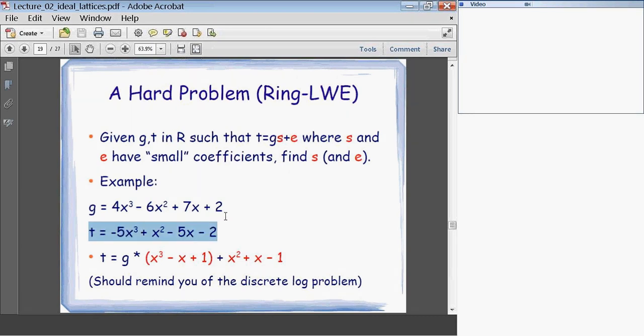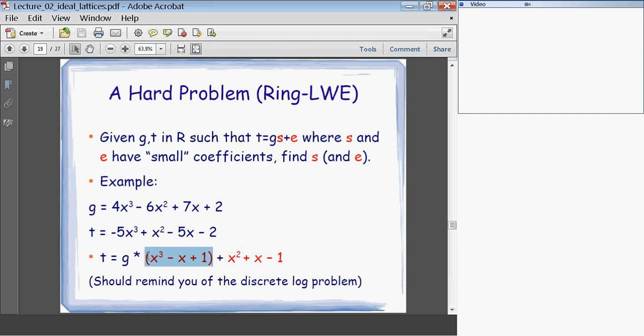When you're given those two polynomials, how do you find this particular polynomial? In other words, how do you find the coefficients of these polynomials? So this is a polynomial formulation of the same Ring-LWE problem that I looked at in the case of ideal lattices. All of these operations can be transformed to simple polynomials. And probably, conceptually and intuitively, they make it a little bit easier.